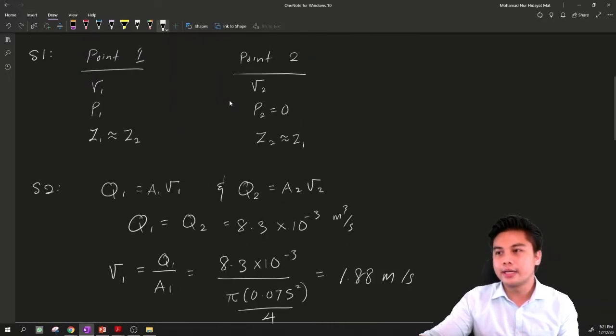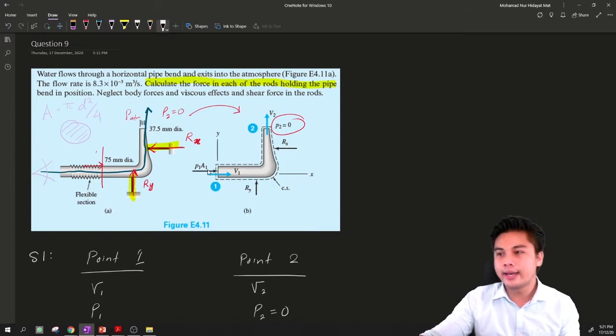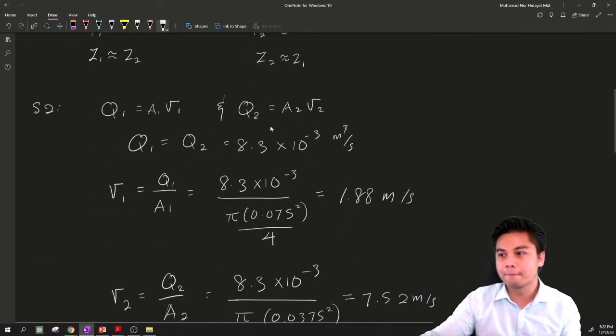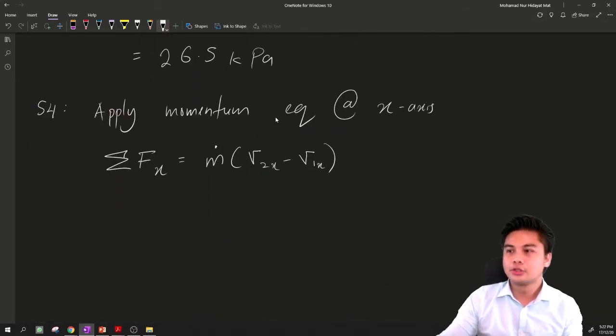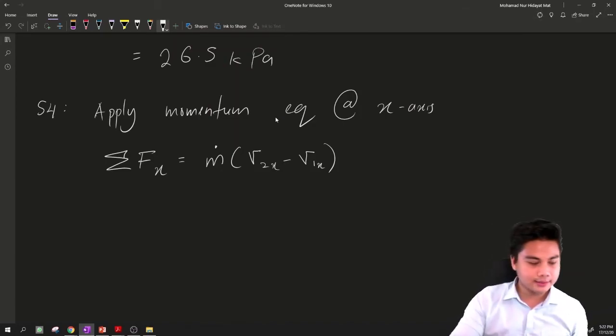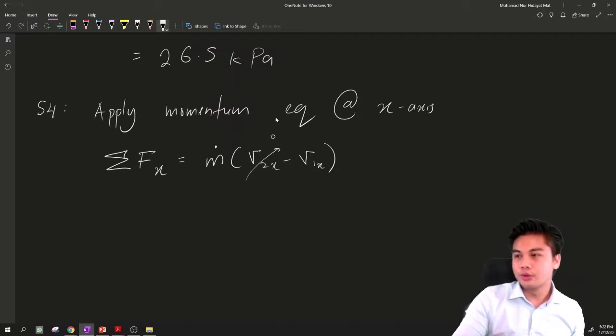So look at here, we have the velocity at 1 in x. Yes, this V1 is actually V1x. Velocity at 2, do we have velocity 2x? No, we only have V2y. So V2x, we don't have it, we cancel out to 0.